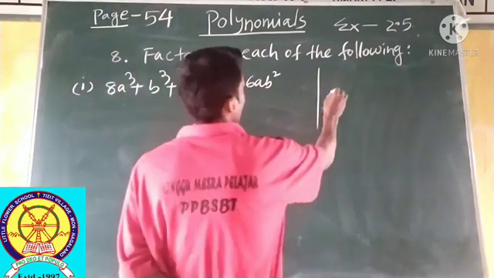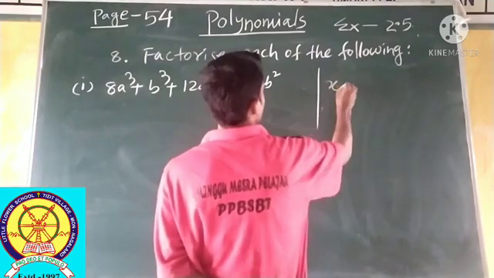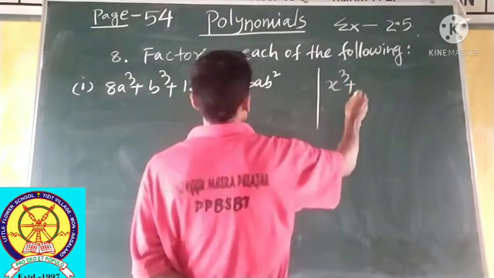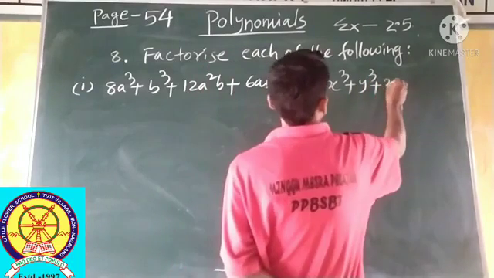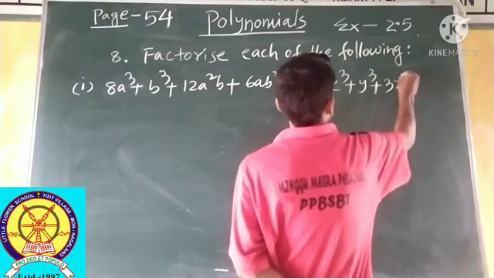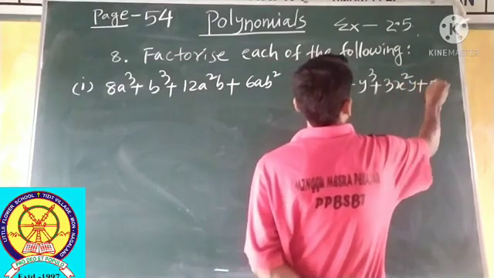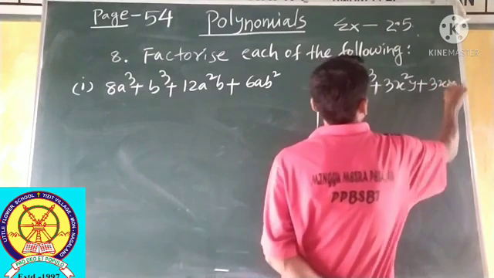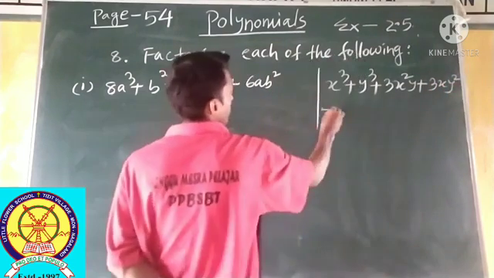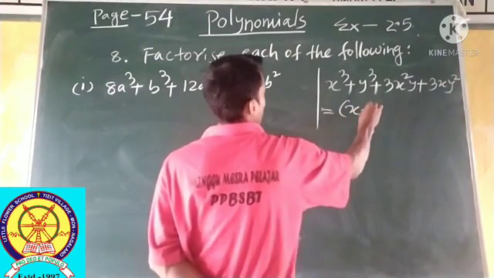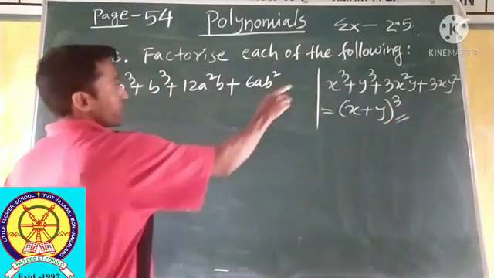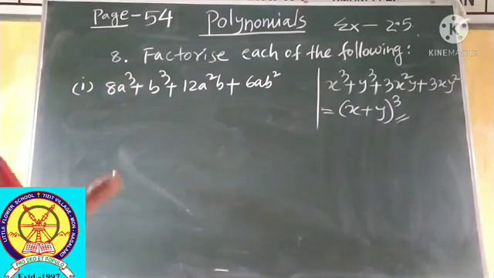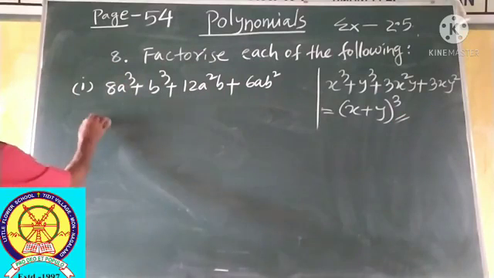Here you have to apply the identity x cube plus y cube plus 3x square y plus 3x y square is x plus y whole cube. So this identity you have to use in this problem.